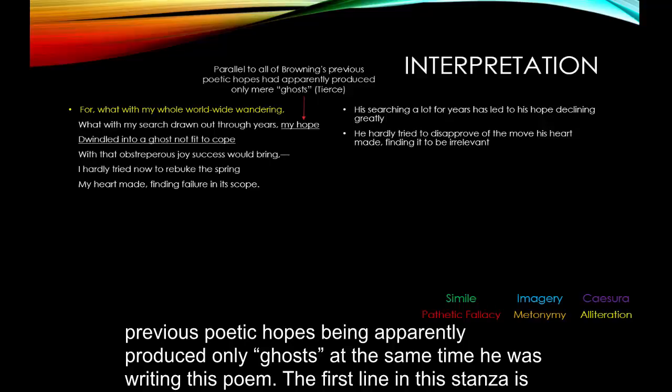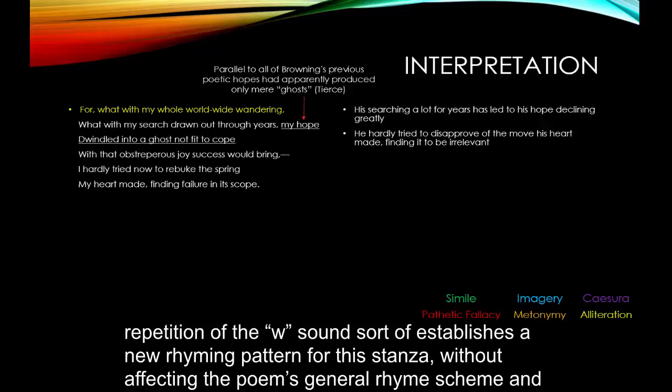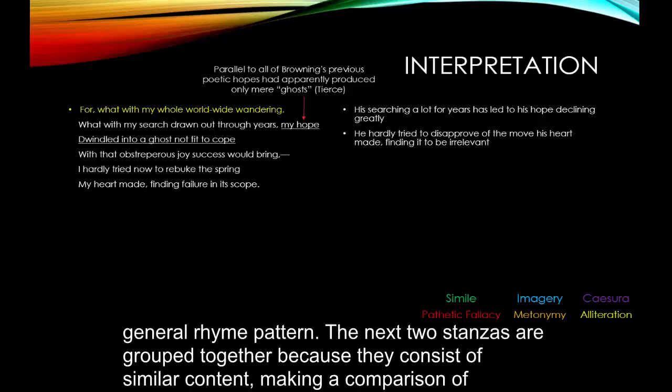The first line in this stanza is one example of alliteration. If we look at this line, we notice the repeating W sounds in "what with my whole world wide wondering." This repetition of the W sound sort of establishes a new rhyming pattern for this stanza, without affecting the poem's general rhyme scheme and general rhyme pattern.